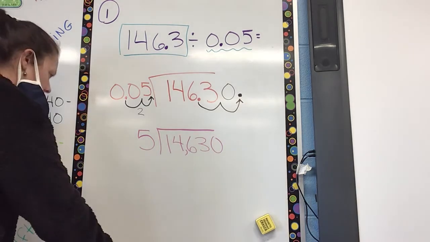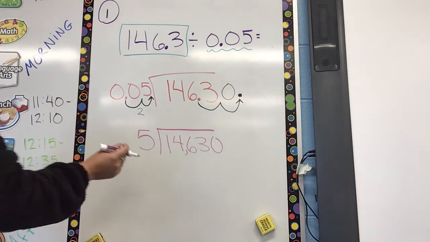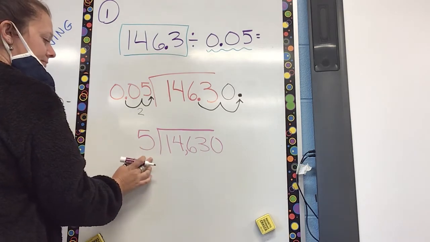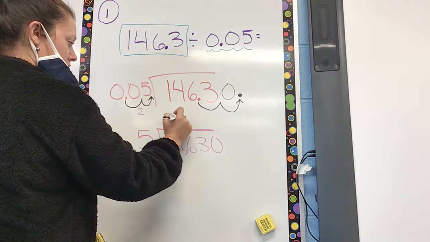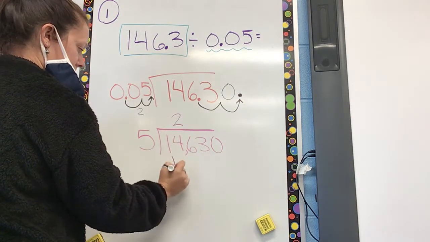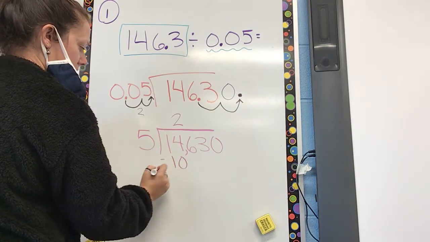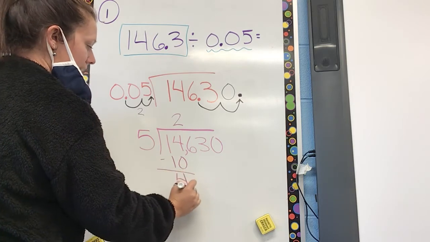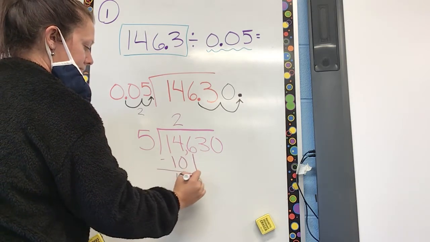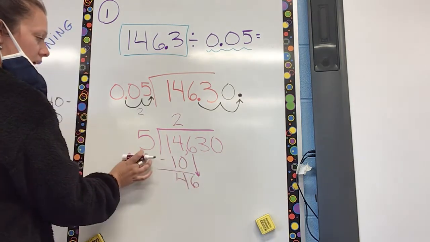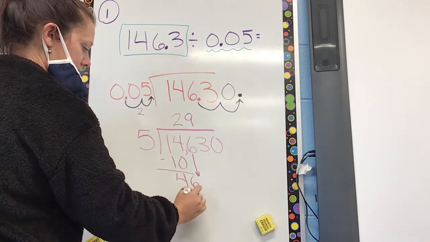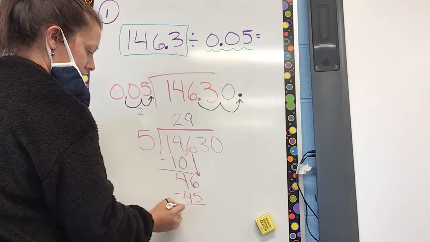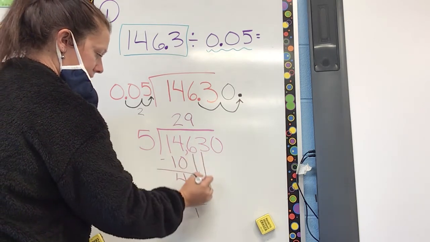All right, so can I do 1 divided by 5? No. What's 14 divided by 5? 2, because 2 times 5 is 10. It's the closest I can get. Good. I bring down my 6. What's 46 divided by 5? 9. I bring down my 3.